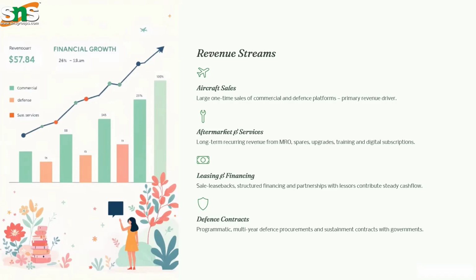After that, aftermarket services provide long-term recurring revenue from MRO, spares, upgrades, training, and digital subscriptions. Most companies follow this model. Next, leasing and financing: self-financing for others at low cost. They produce planes at low cost and contribute to a steady cash flow.